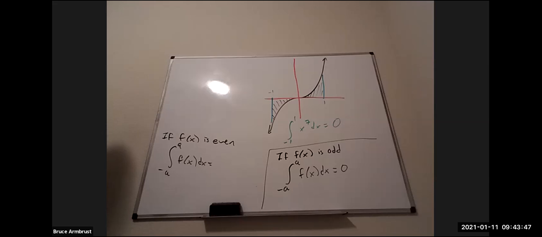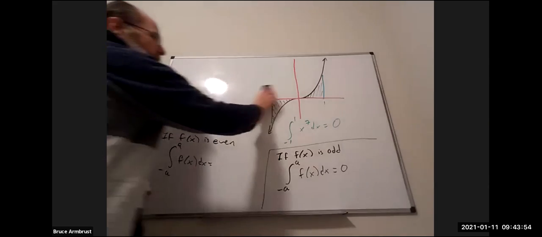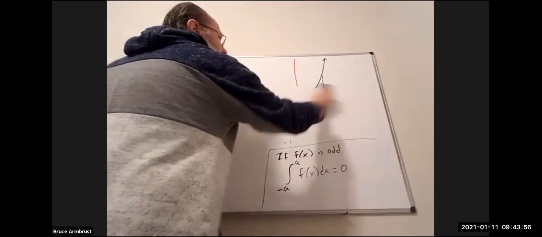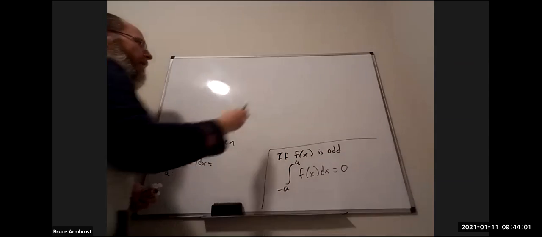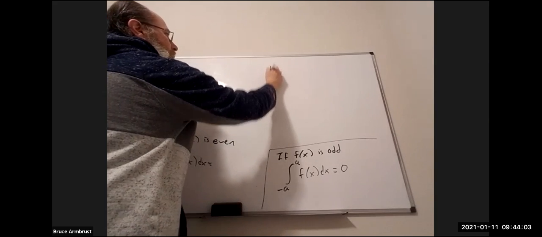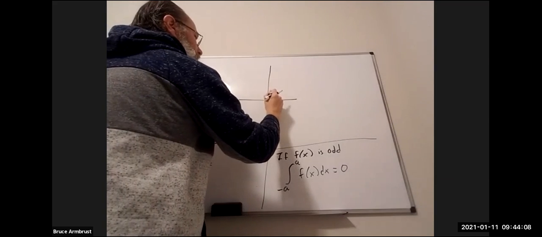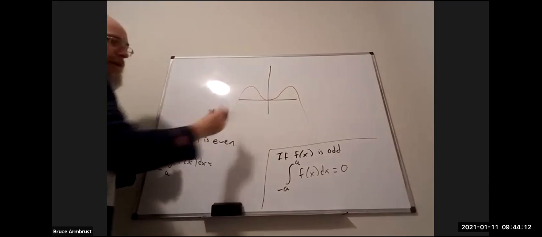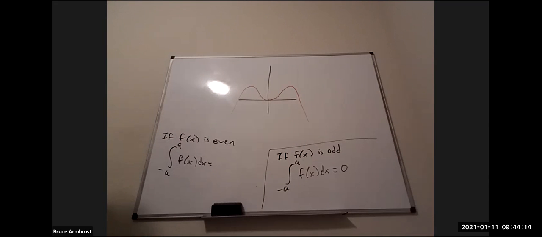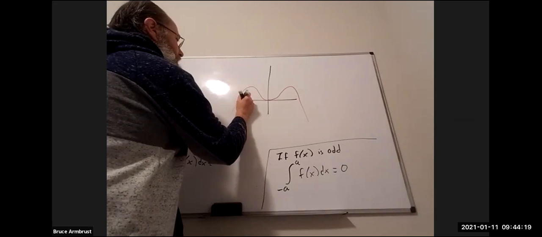What happens now if we integrate from minus a to a? Think about what an even function looks like. An even function has reflective symmetry over the y-axis. So here's an example of an even function. Right, it's got mirror images here. And now we're going to integrate from minus a to plus a.